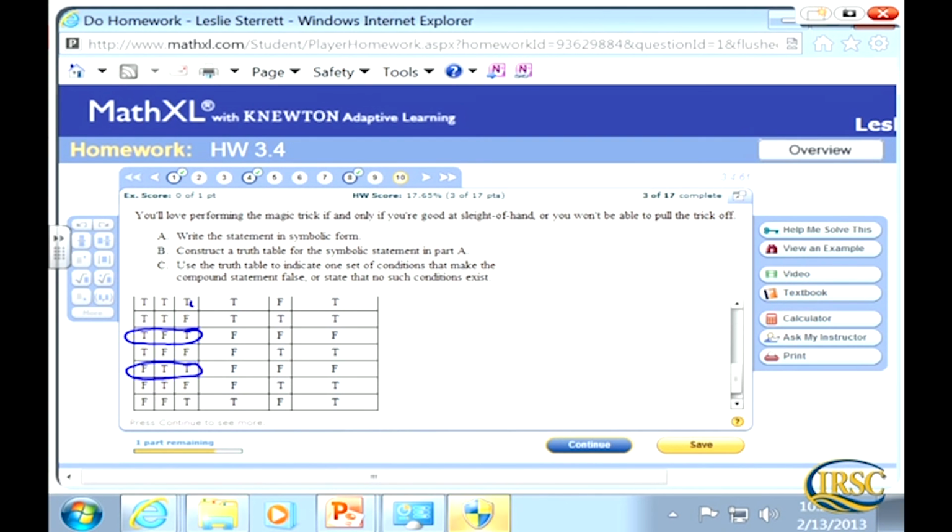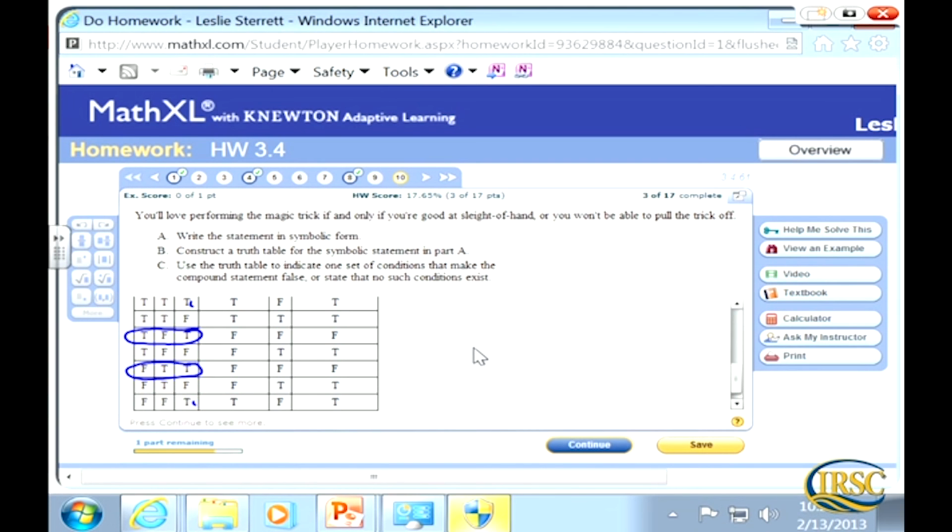The only other time that R is true are these other two rows that I've dotted here. So it's R is true and P and Q are different. Notice that the other time that R is true, the P and Q are the same. So it looks like we found a pattern that matches the only times that this is false. And that's what your goal is for this third part of the question.